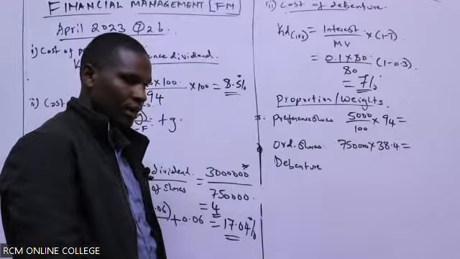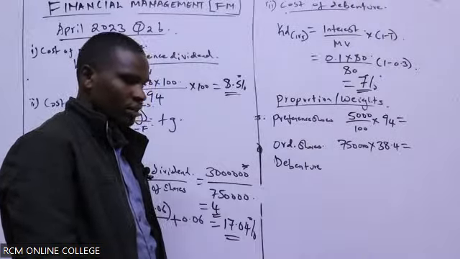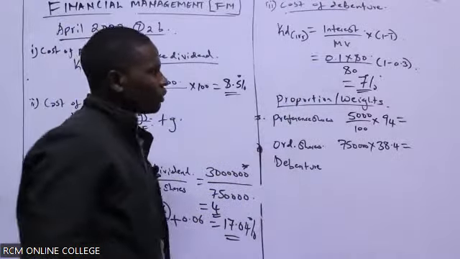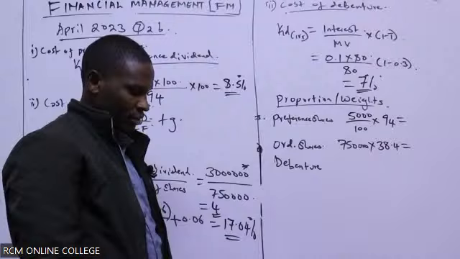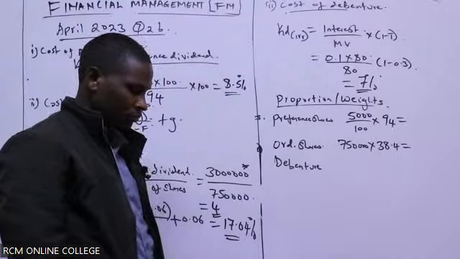We did not have par for debenture, right? But now after computation, or after what they have told us, what have we seen as par? It's 80. We have seen par is 80.